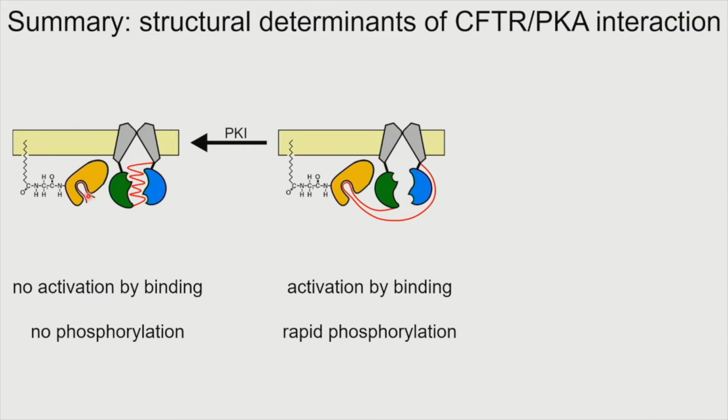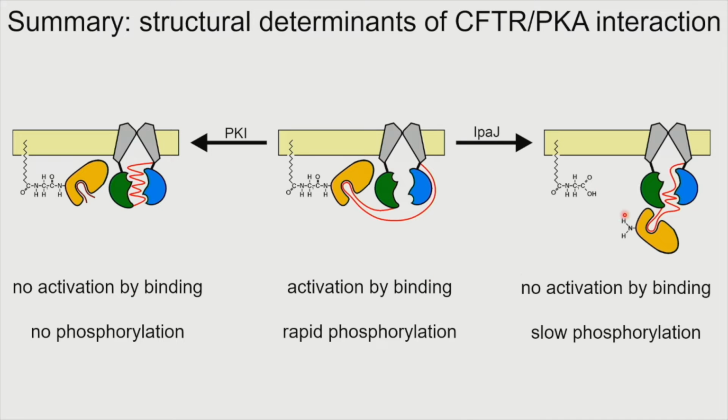Blocking the substrate binding site with a competitive inhibitor peptide eliminates both phosphorylation and reversible activation, and splitting off the N-myristoyl group greatly slows CFTR phosphorylation and again eliminates reversible activation.